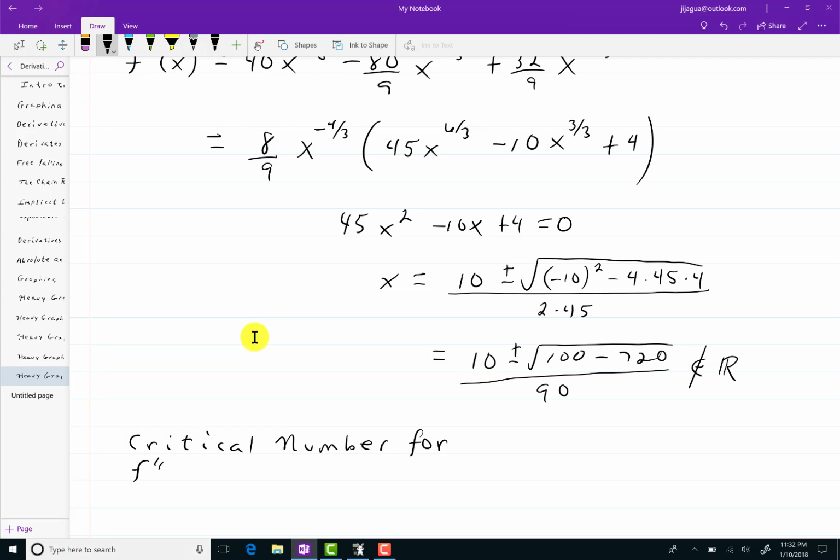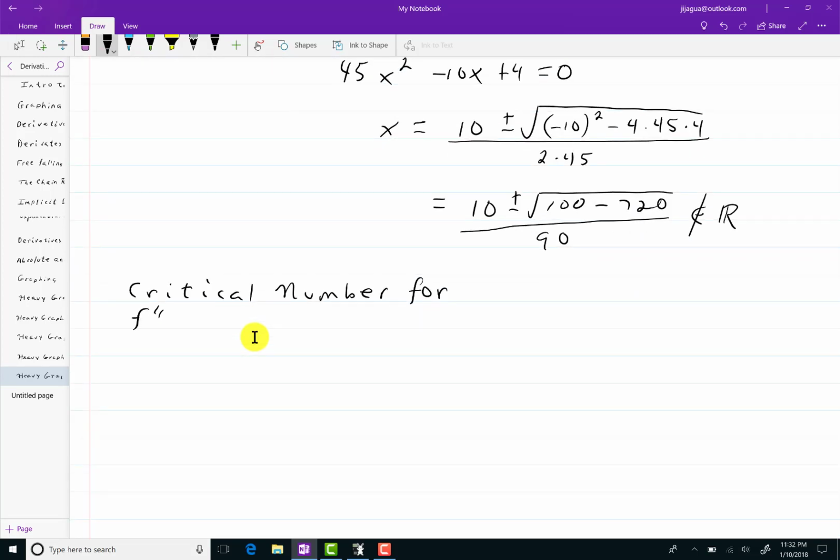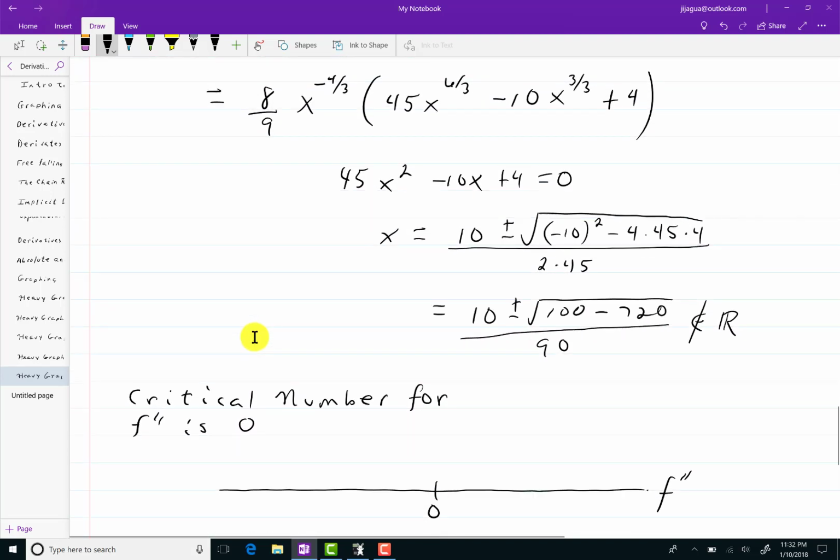So the only critical number for f double prime is 0. So I'll go ahead and do my number line. Well, this is going to be super easy, because if I plug in a negative number, once I take that negative number and take it to the negative fourth power, it becomes positive.